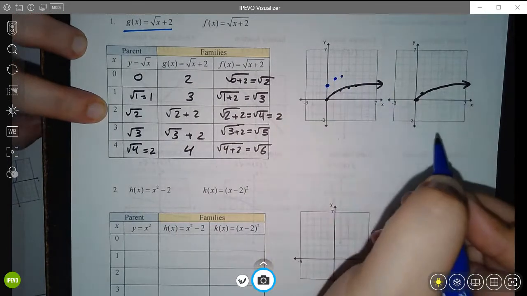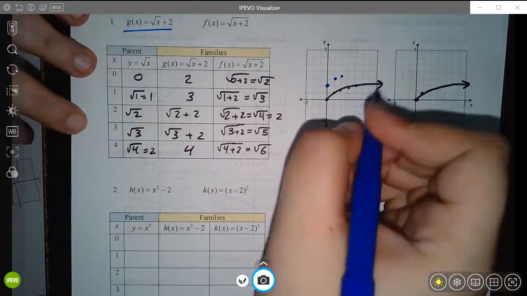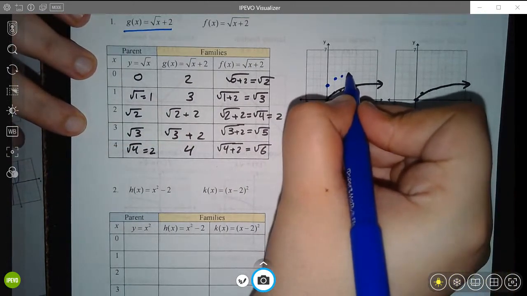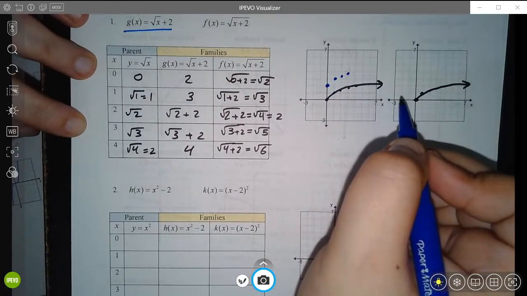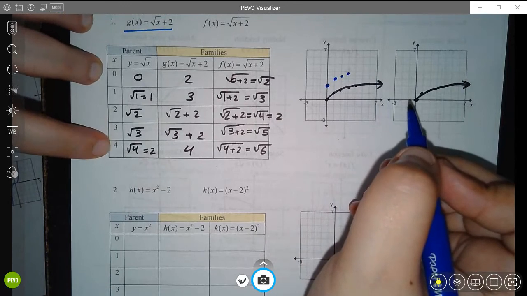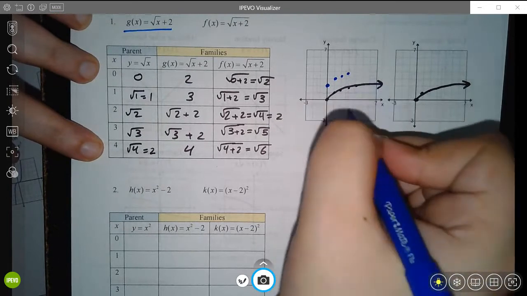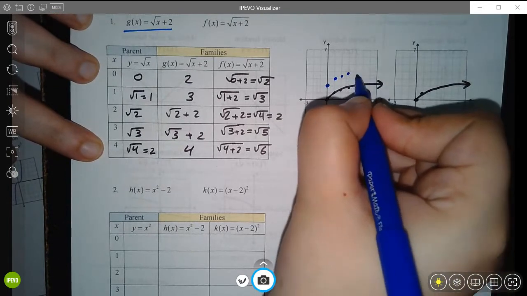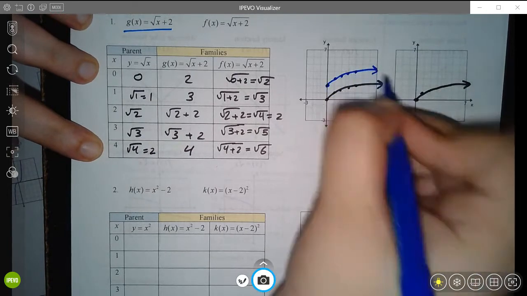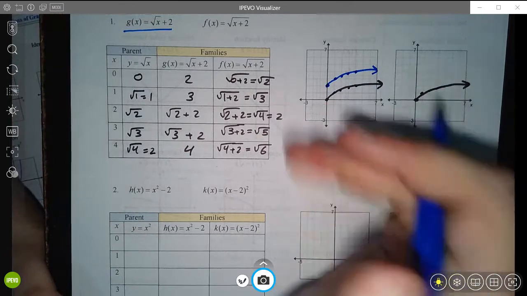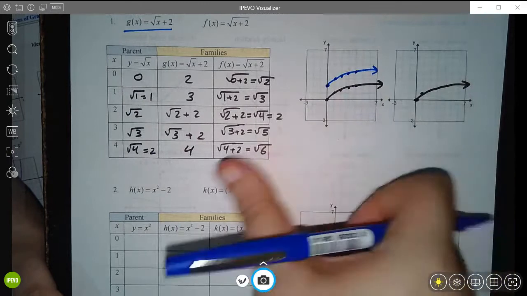Look right here. Okay. Now 3, root of 3 plus 2, which is the same. So it should be right around here at 3.7-ish for 3. And then we have 4 and 4. 1, 2, 3, 4. There we go. And 4. Just right here. And it looks like that. So the functions should be identical, just what? Moved up by 2 points for the y.